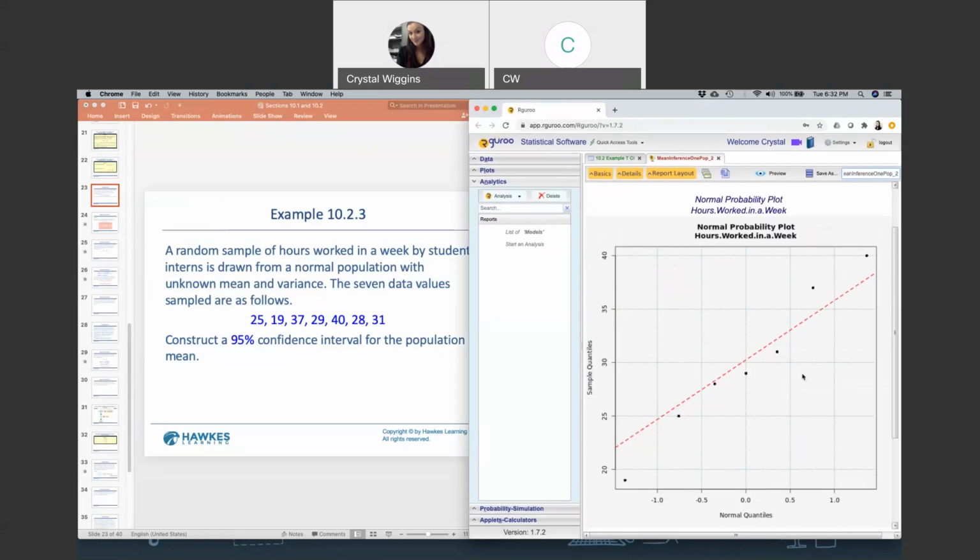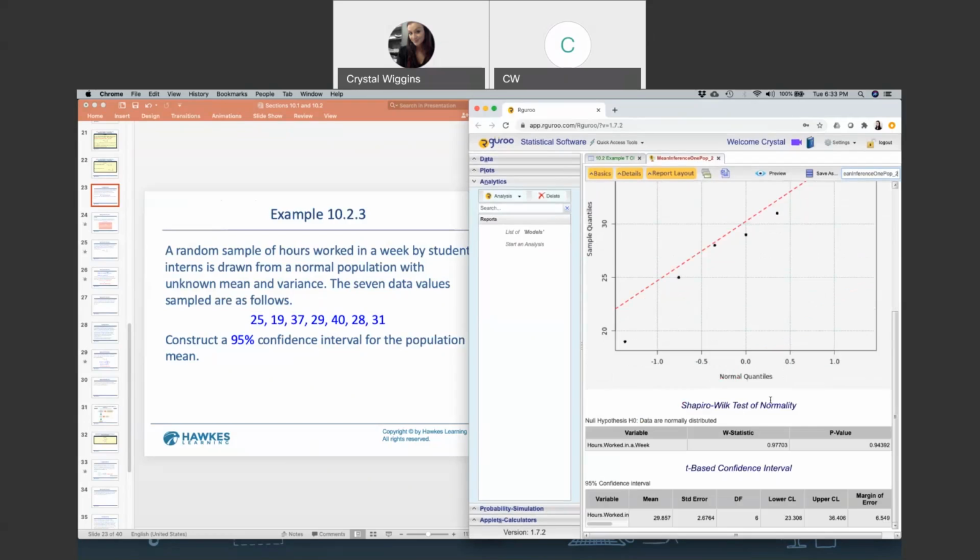And with this graph, you will be able to determine normal distribution if it is a linear distribution. So notice these dots are hovering along this linear line, and that graphically shows us that this sample does come from a normally distributed population.